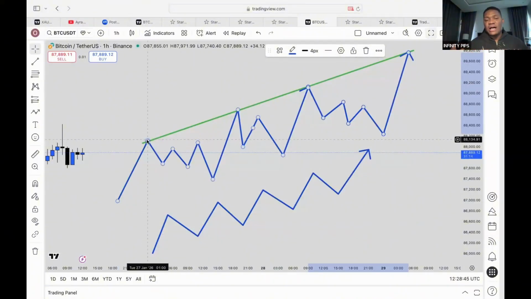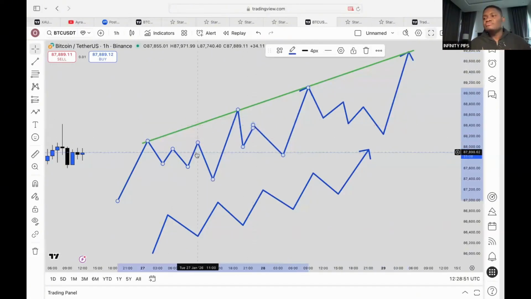These are regarded as the major buys, right? While all these ones between are regarded as the retracements. Sometimes you are trading, market has a pullback. You would think maybe it's about to sell, then it drops, right?